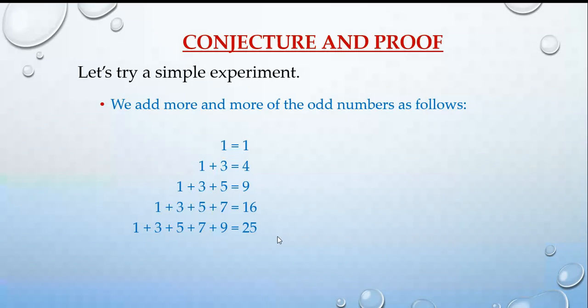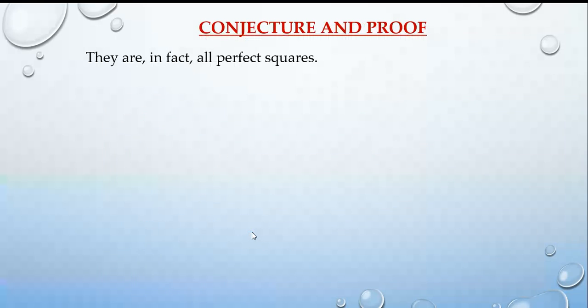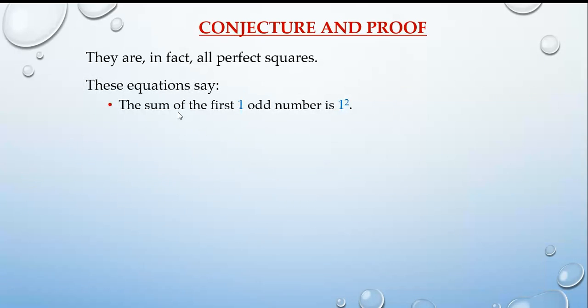What do you see on the right side? 1, 4, 9, 16, 25. Can you guess what these are? Yes, these are the perfect squares. How?